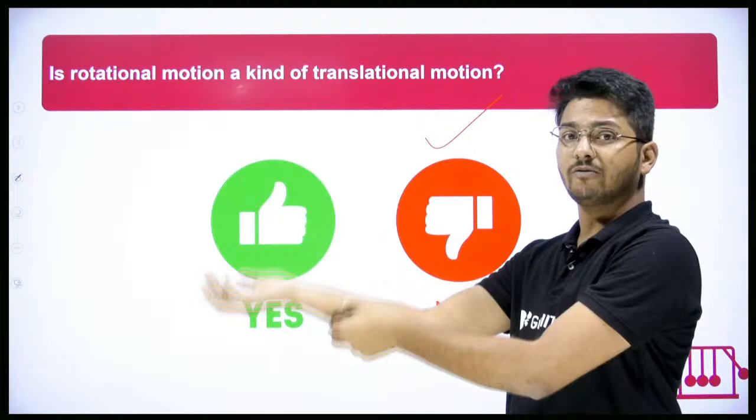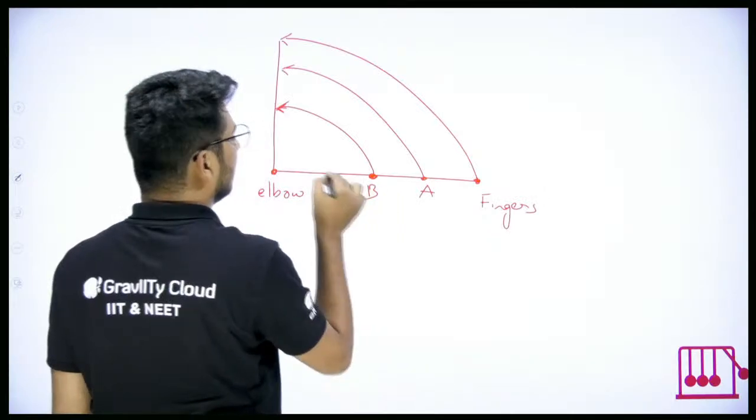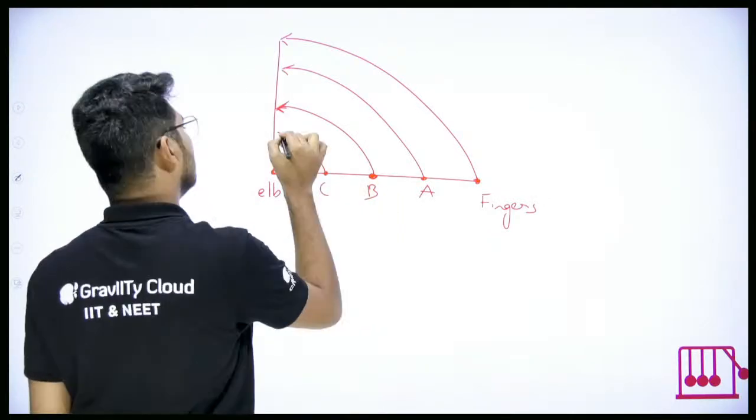Yes or no? You can take another point here. A, B, I'll take another point here, C. The points A, B, and C are all moving different distances. They are not traveling equal distances, and if the points move different distances, that is not translational.